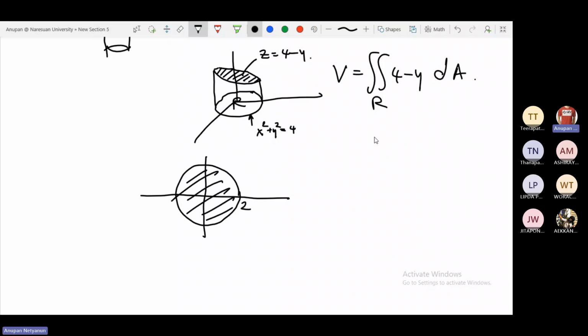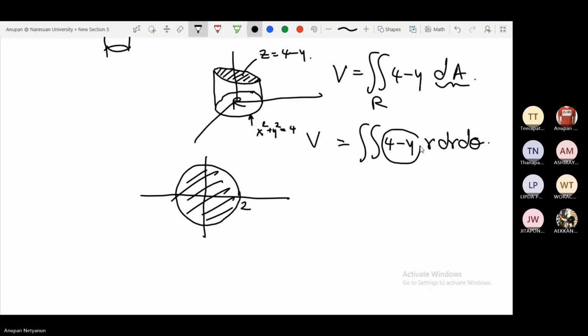Okay. So I change dA to polar. So you have r dr d theta. Okay. And then the inside has to be in terms of variables r and theta too.